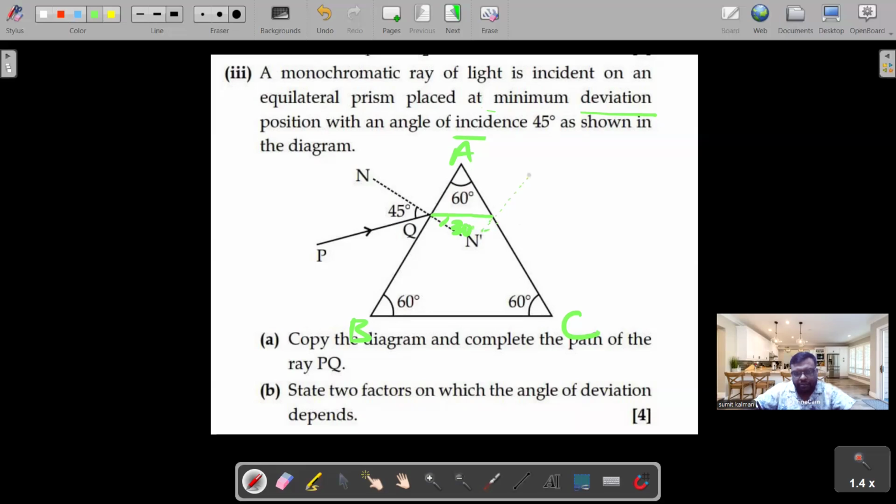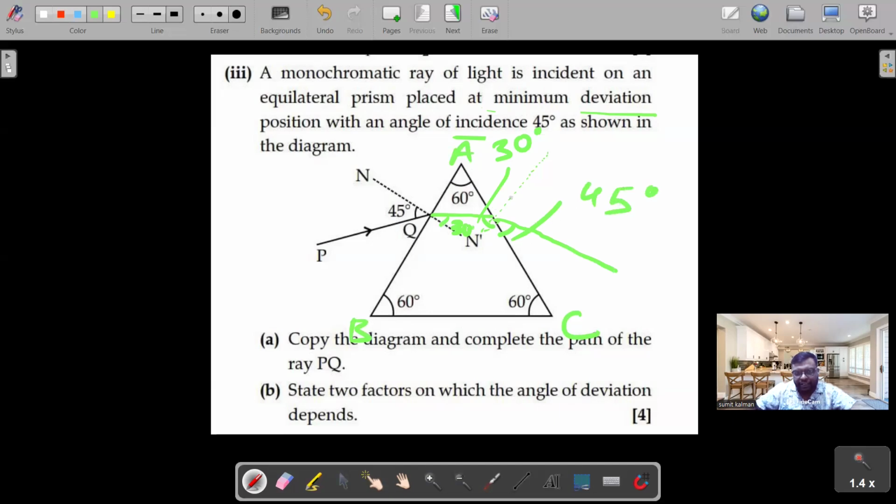And here this is normal, and this angle is also 30 degree, and here it will emerge from the side AC, and this angle I2 is also equal to 45 degree.